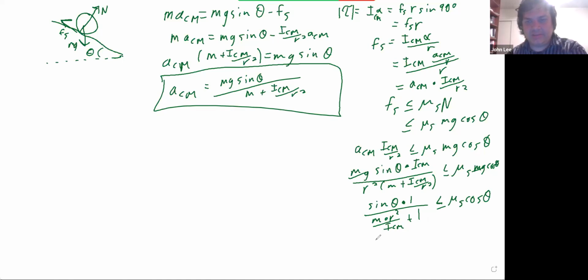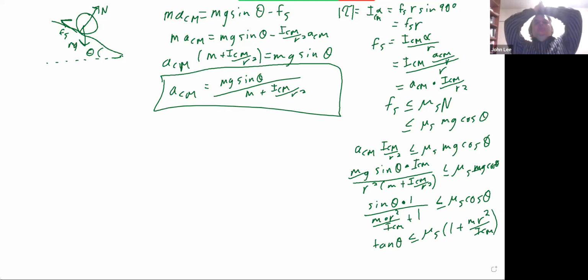So tangent of theta is less than or equal to mu s times 1 plus mr squared over I center of mass, which is similar again to the critical angle formula that we derived a while ago, but has this extra term, mr squared over I center of mass.